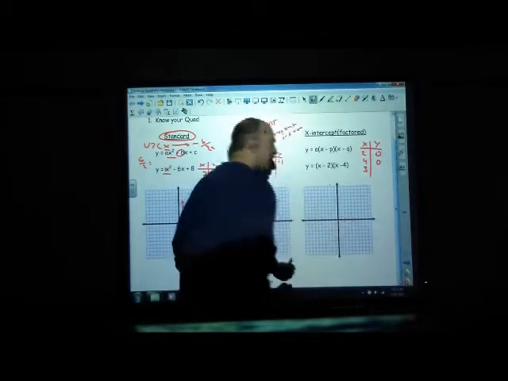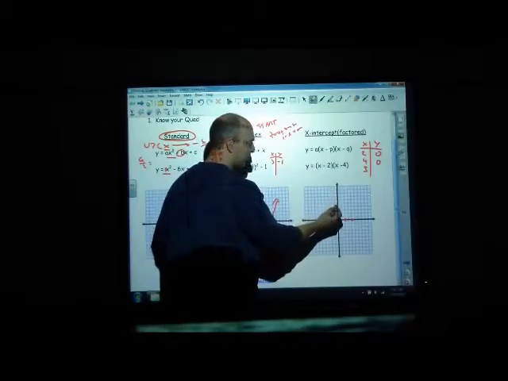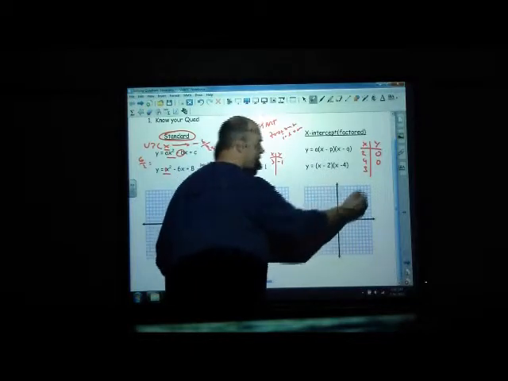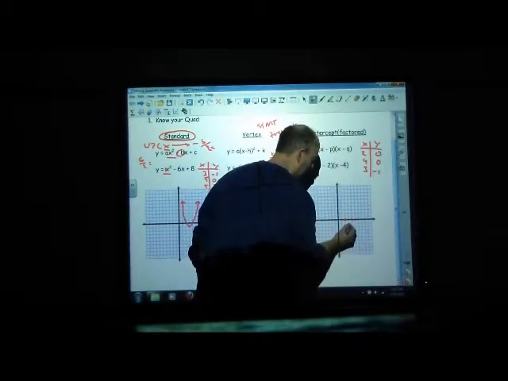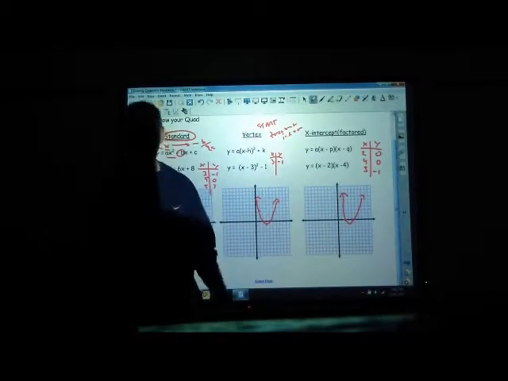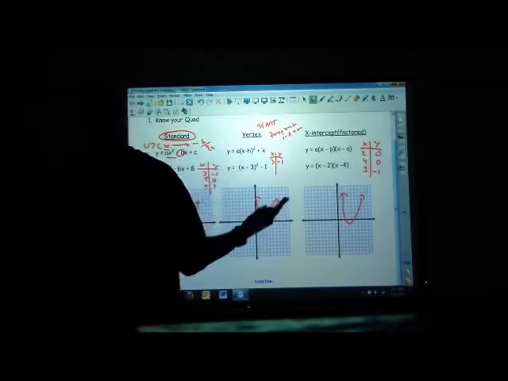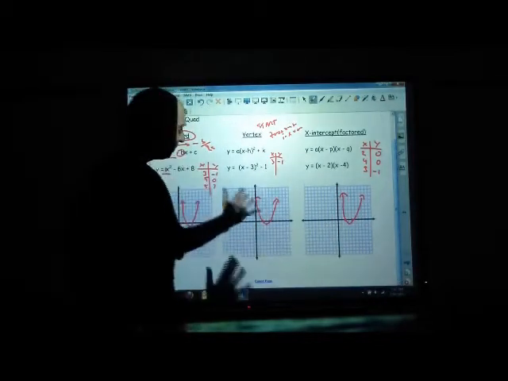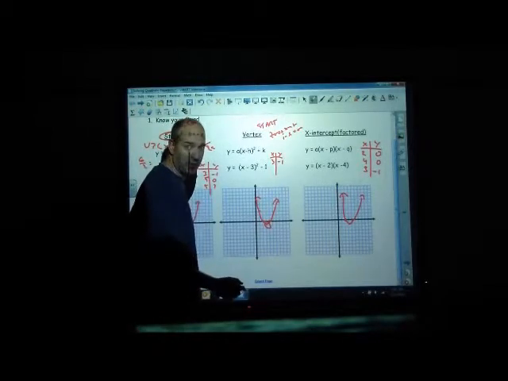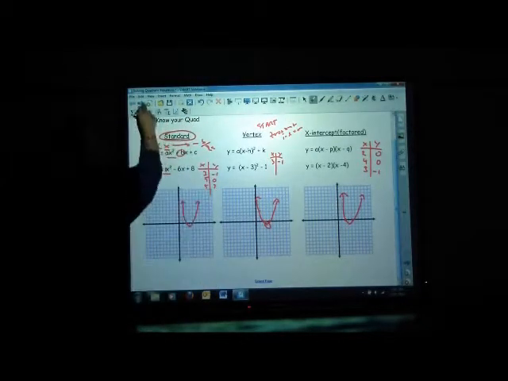So I know now that 3 is right in between those two, and that's going to be the x-coordinate of my vertex. Put 3 in here, you get -1. Every one of these problems produces the same graph because they're the same equation. So you got standard form, vertex form, x-intercept form. There you go. Got to be able to find that vertex point though at some point in time.